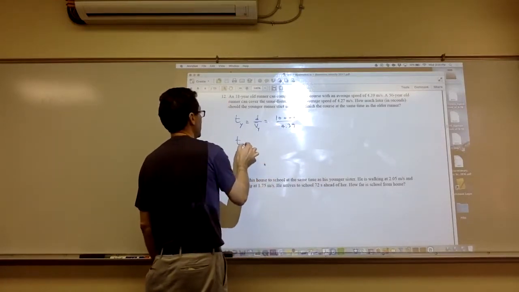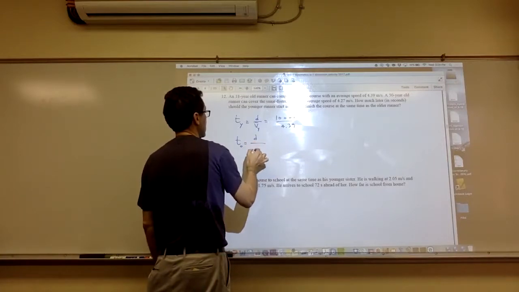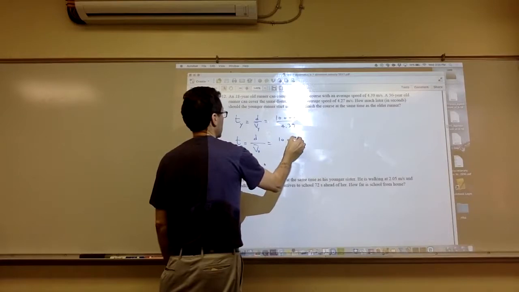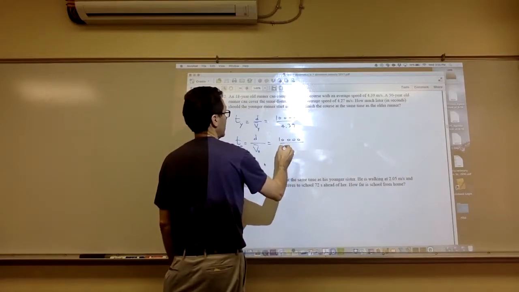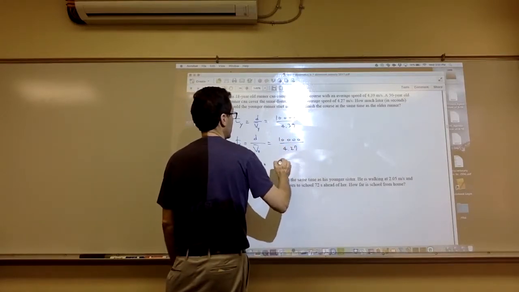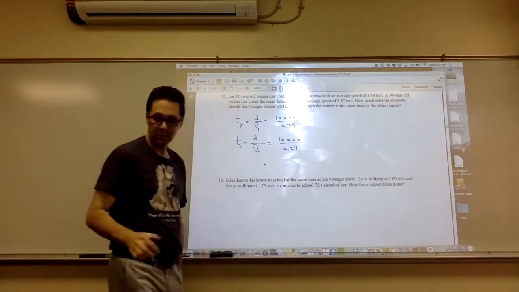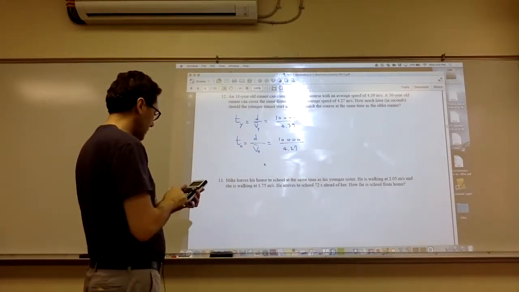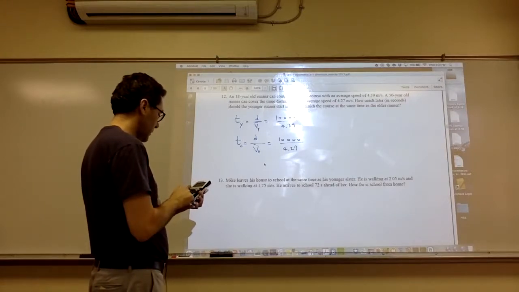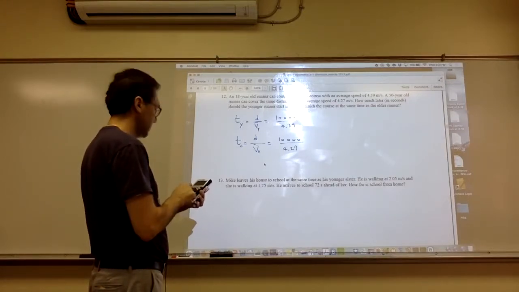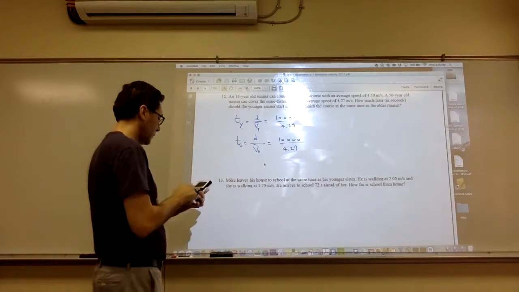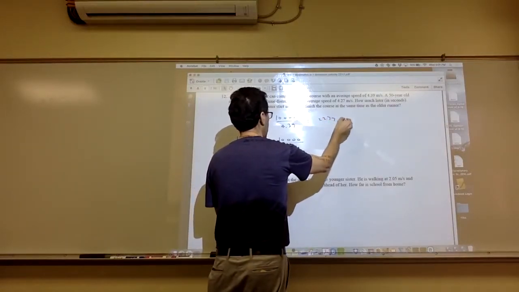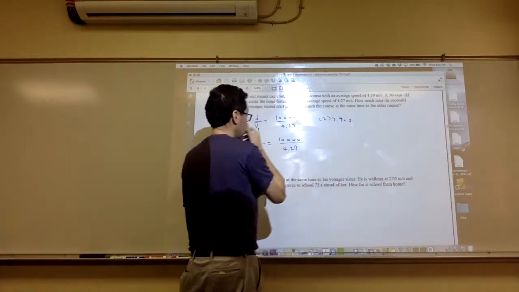T for the old person is going to be the distance divided by the velocity for the old person. So it's going to be 10,000 divided by 4.27. And find out what those numbers are, and you just subtract. So here I got 2277.90 seconds, because it's in meters per second.